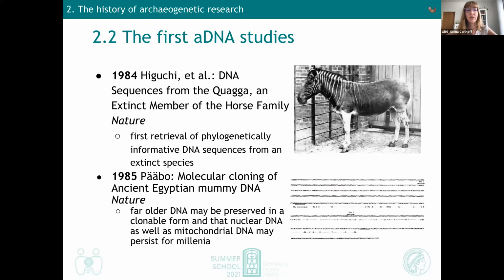This showed that far older DNA may be preserved in still reproducible form, and that you could extract both nuclear as well as mitochondrial DNA, even after millennia. And even though these publications were very exciting for the field, there were also a lot of controversies, especially about the Egyptian mummy DNA.